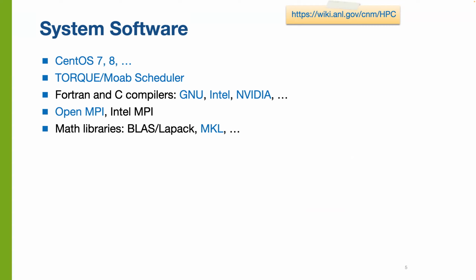and to leverage parallel computing, both within the node and node to node, we have MPI, various flavors, and of course we have various libraries that come nowadays with the system software, plus LAPACK classical packages. The Intel MKL nowadays is also available.